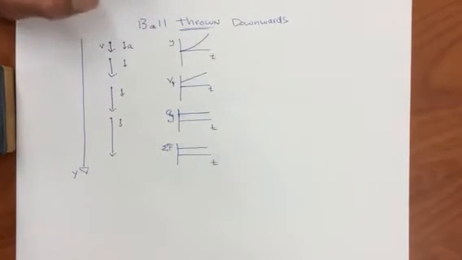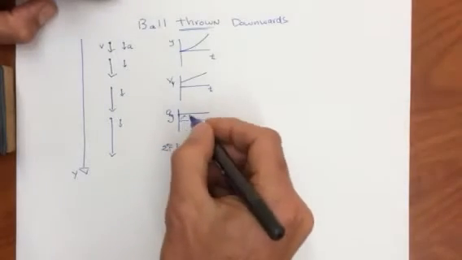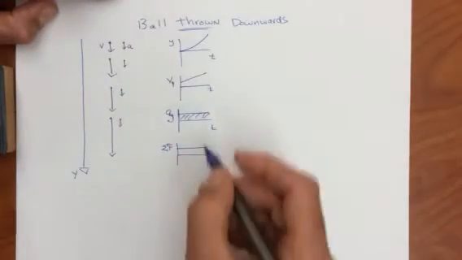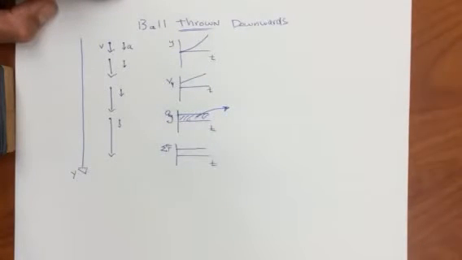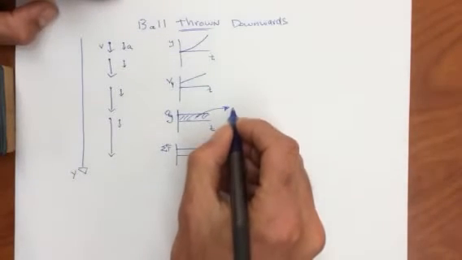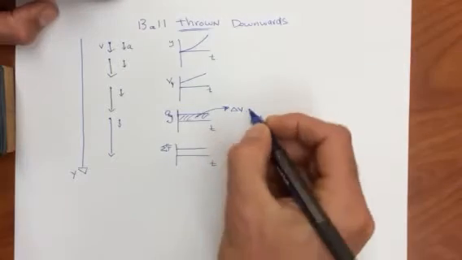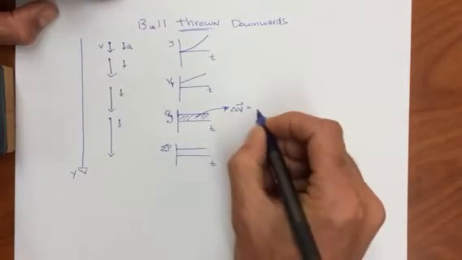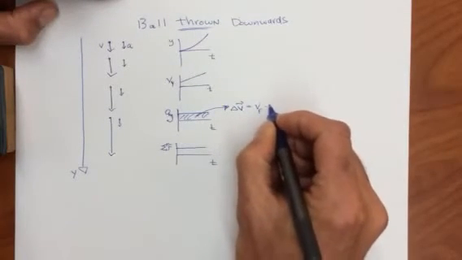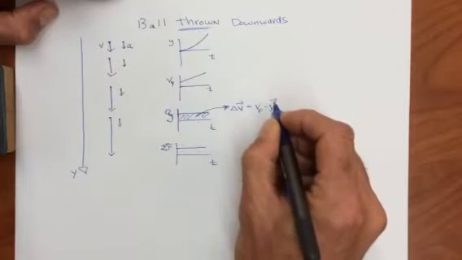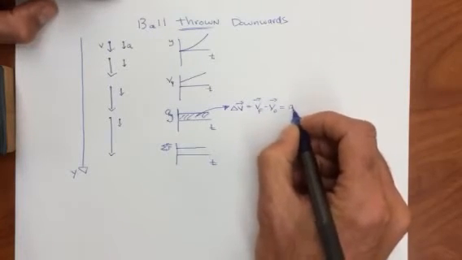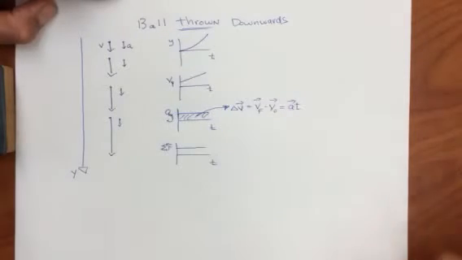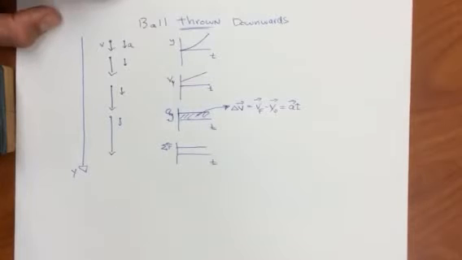And I'm going to start with the simplest one, this area here, right? That's going to be, let's see, change in velocity, right? Which is a vector, which is my final velocity minus my initial velocity, which are vectors, which is acceleration times time. Acceleration is a vector, right?